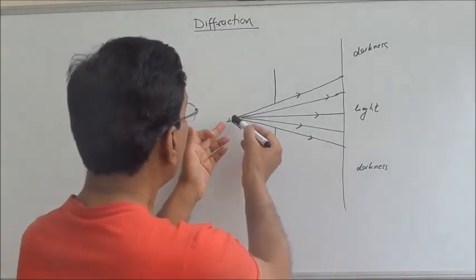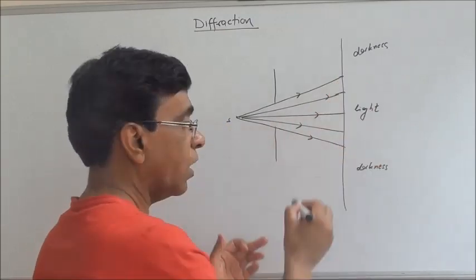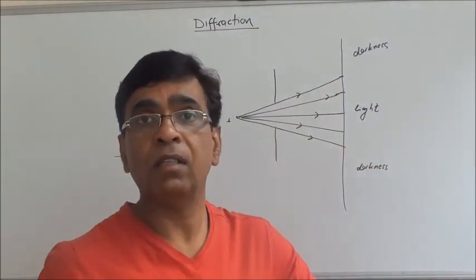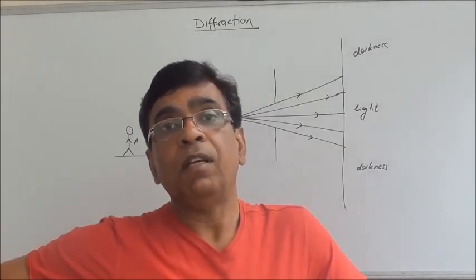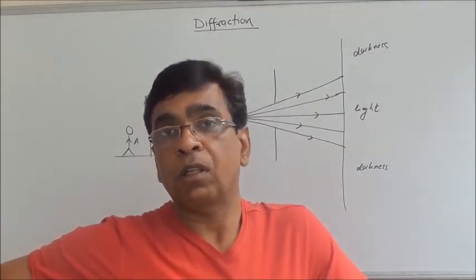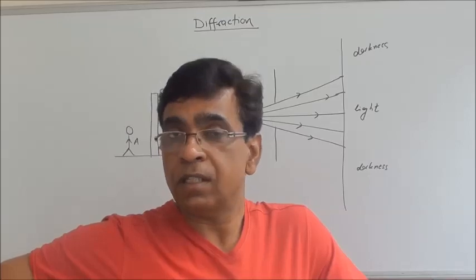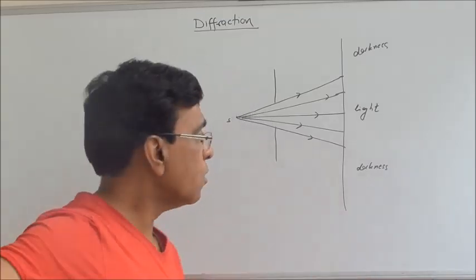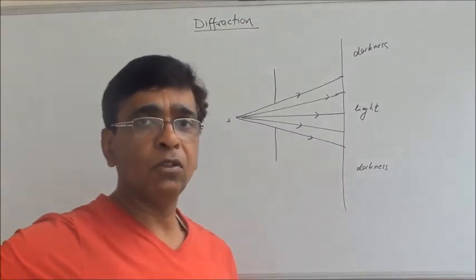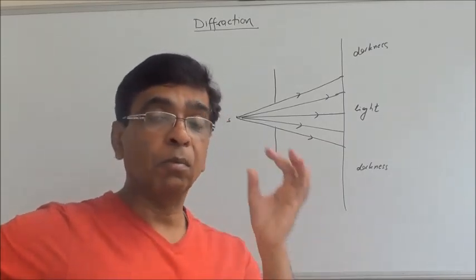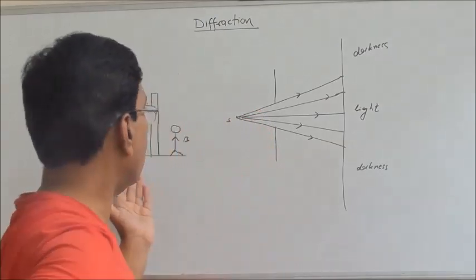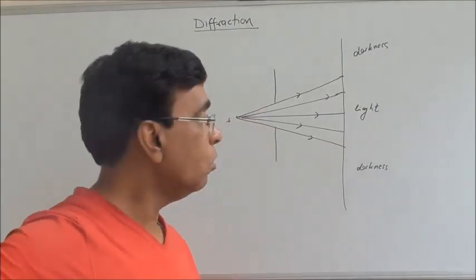In case of light, the wavelength is very, very small. So we need very narrow apertures or smaller obstacles to observe this diffraction. While in case of sound, the wavelength is very large, so we can observe it even with bigger obstacles or bigger apertures. That's why we observe it in daily life, but for light it's not too common.